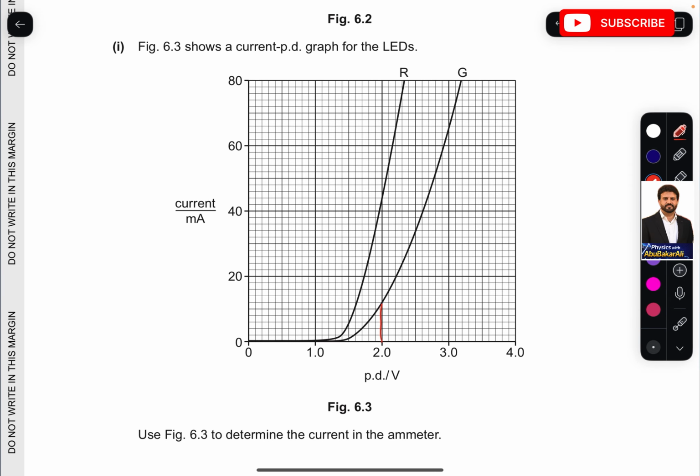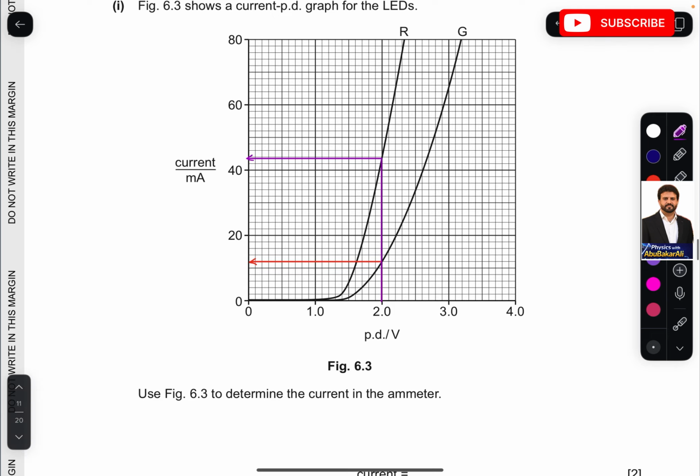So if I talk about this graph, this will be at this point. This is its current. And when I talk about the other one, this is here. It will have that much current.